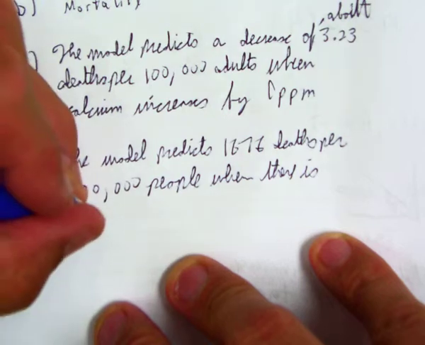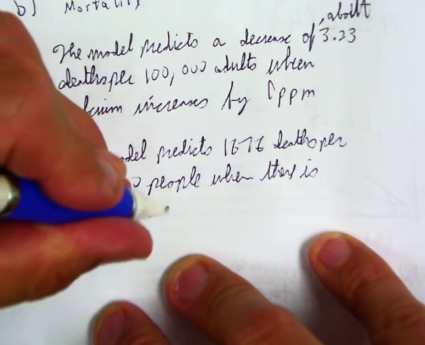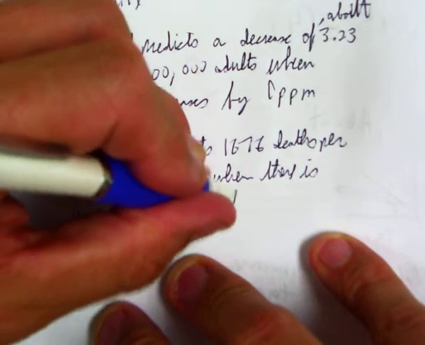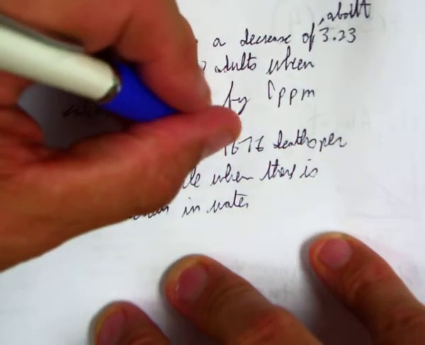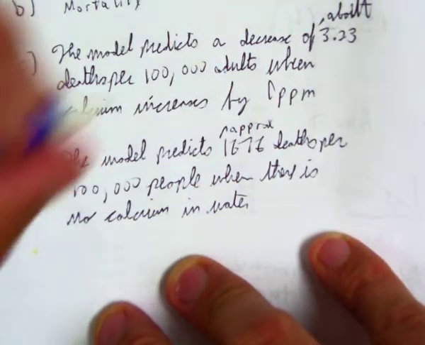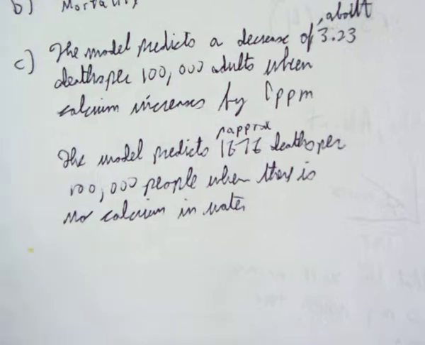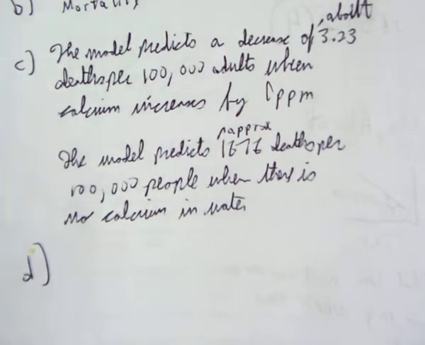That's when x is 0. And again, I should have put approximately right there, or about, or something like that. Okay? So that's the slope and y-intercept.